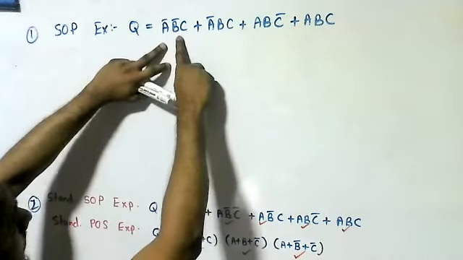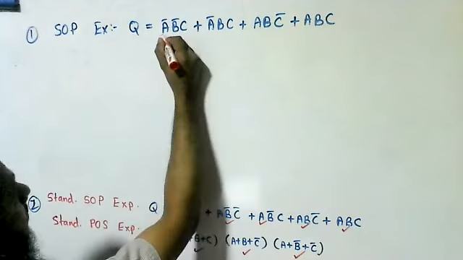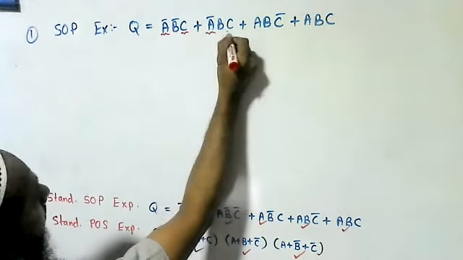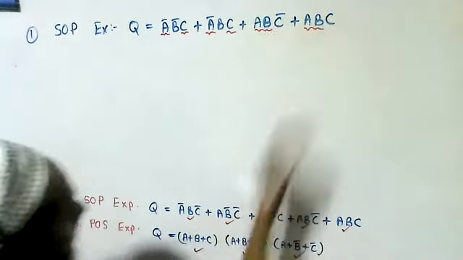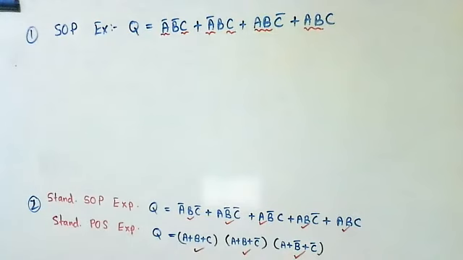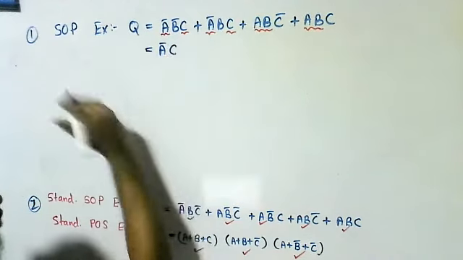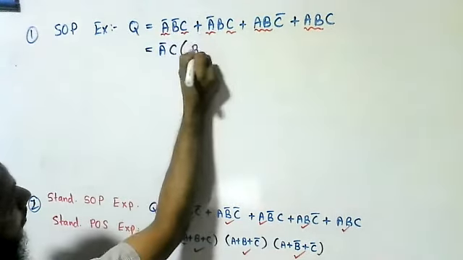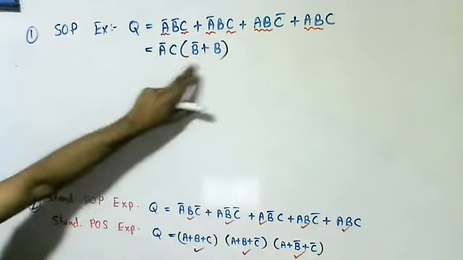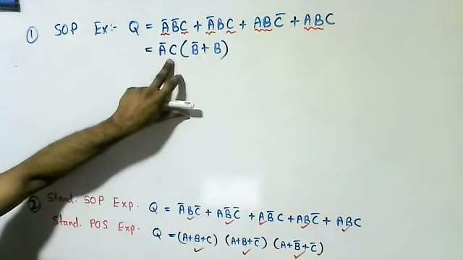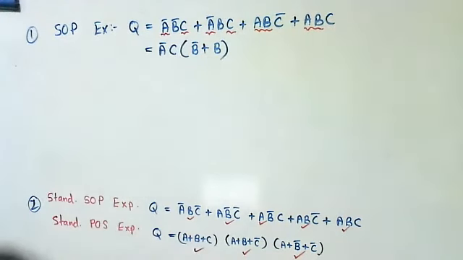Here I can take these two as common, and here I can take this one common. According to the distributive law, A bar C out of the brackets, and within brackets B bar plus B. If we multiply this, we get A bar, B bar, C, and A bar, B, C. Clear?